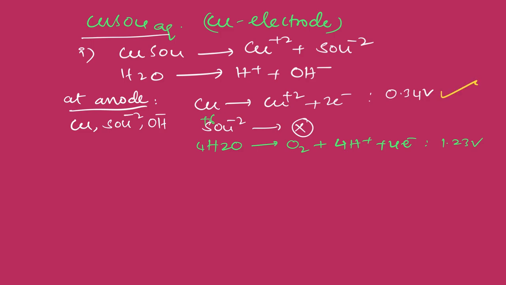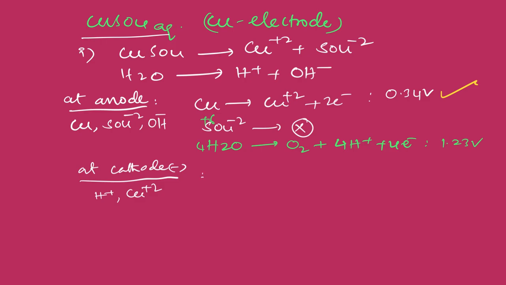This will undergo oxidation. Next, at cathode, what is the charge? Negative. Therefore positively charged ions will come, that is H plus and Cu plus 2.